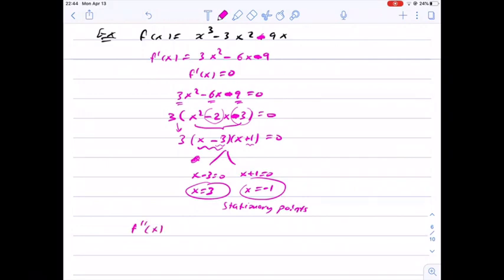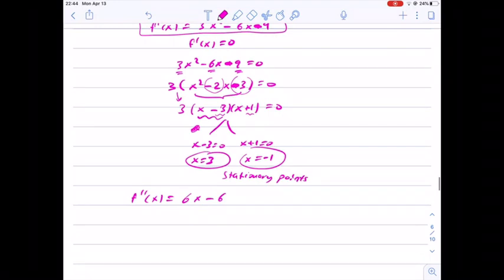Now we need to find the second derivative and plug these values into that formula. So the second derivative is the derivative of the first derivative. It's 6x minus 6. Now we test these values. Second derivative at 3 is 6 times 3 minus 6, and that's 18 minus 6, which is 12, greater than 0.